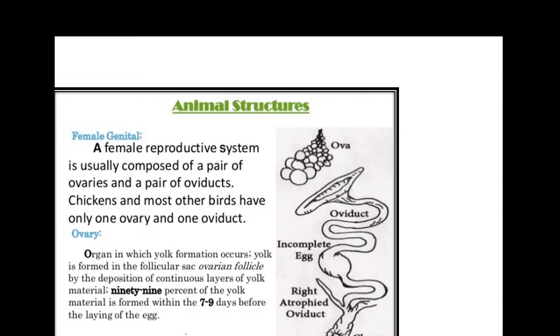So 99% of yolk is formed within 7 to 9 days before laying the egg. Around 7 to 9 days before the egg is laid, the yolk deposition is completed.